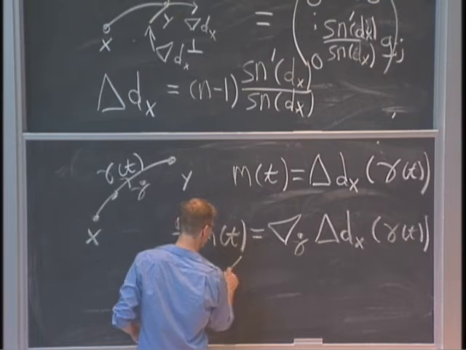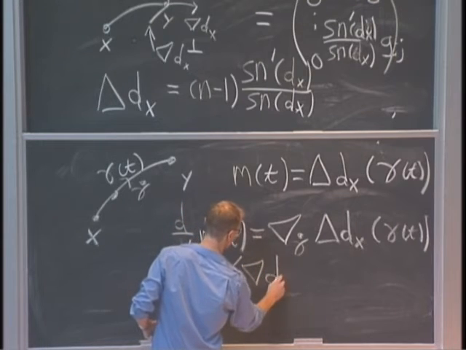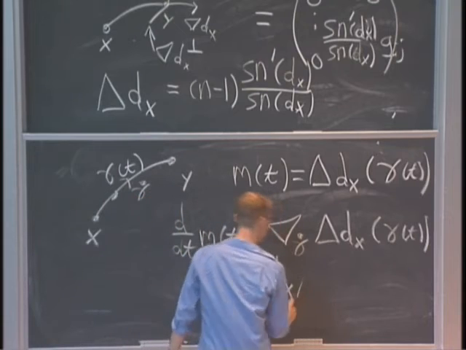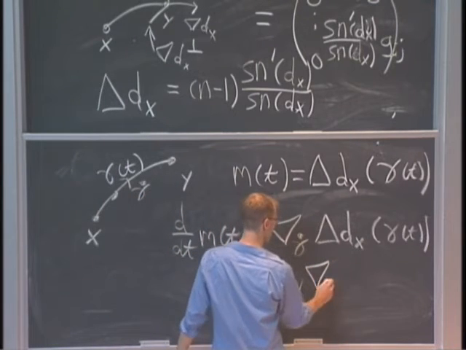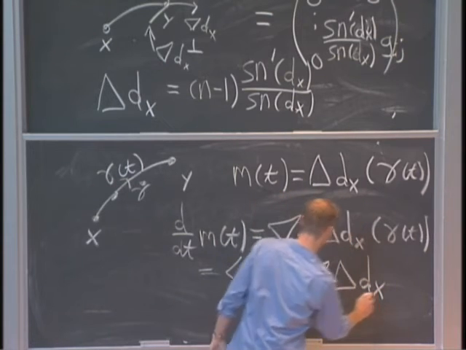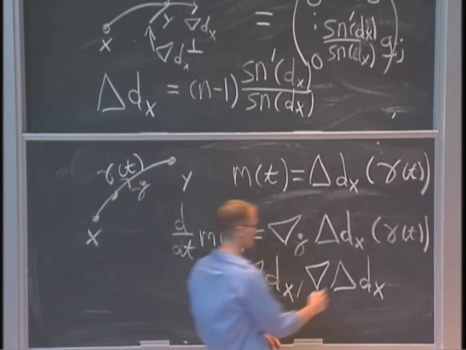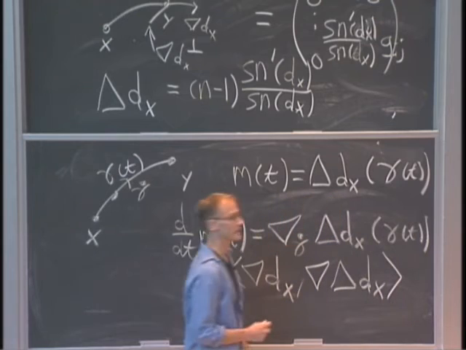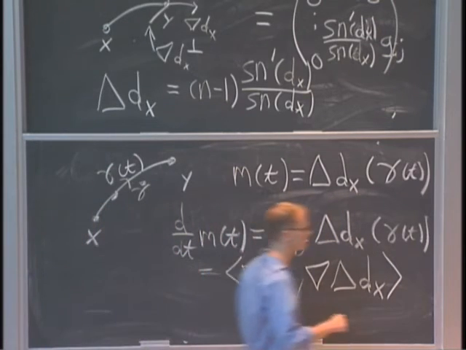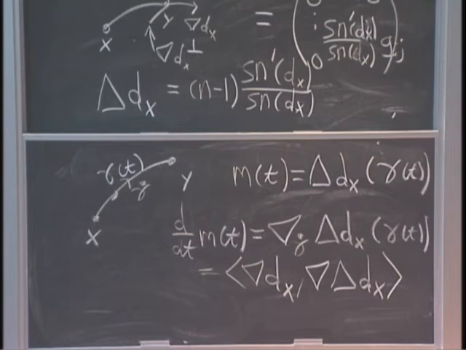That's just the gradient of the distance function from x. So it's the gradient of the Laplacian of the distance function in the direction of the gradient of the distance function, evaluated at gamma of t. Fine, no problem. It's a nice statement. Let's keep the statement and go over here.